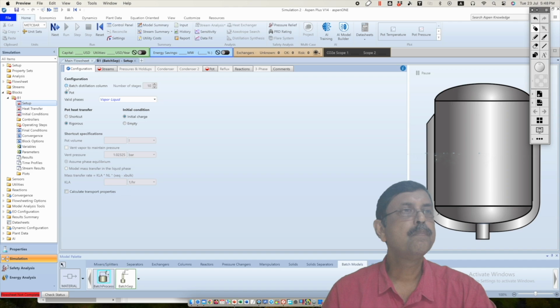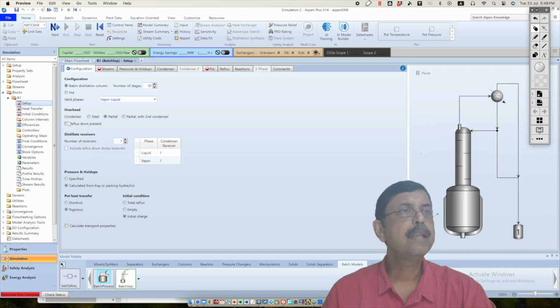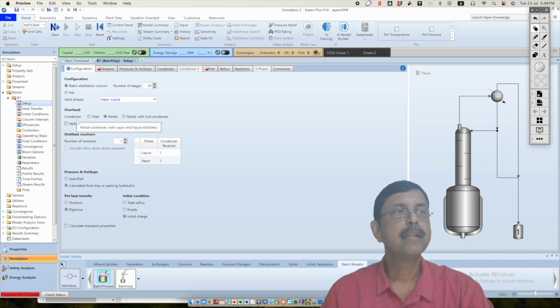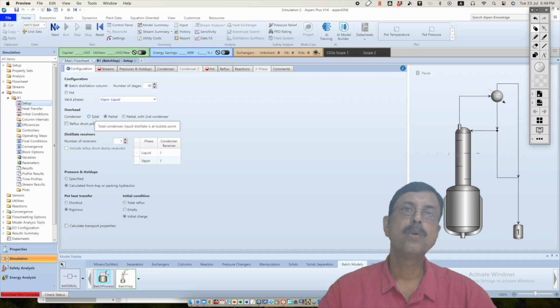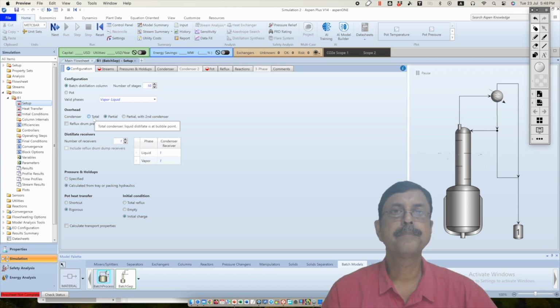And if you choose the batch distillation column, then there are several options open for you. One is the overhead. Overhead means the condenser. The condenser may be a total condenser. That means the entire amount of the vapor that goes to the top will be condensed and come back to the pot.